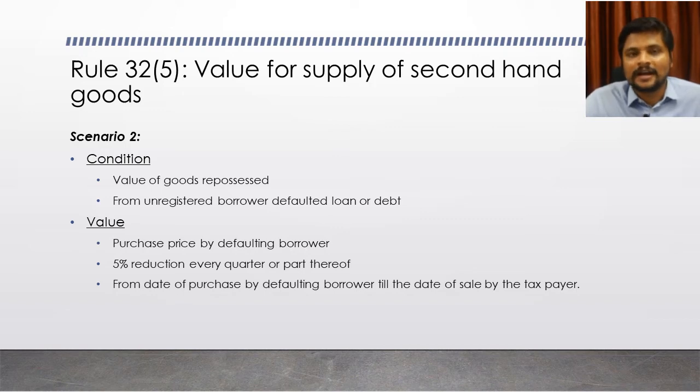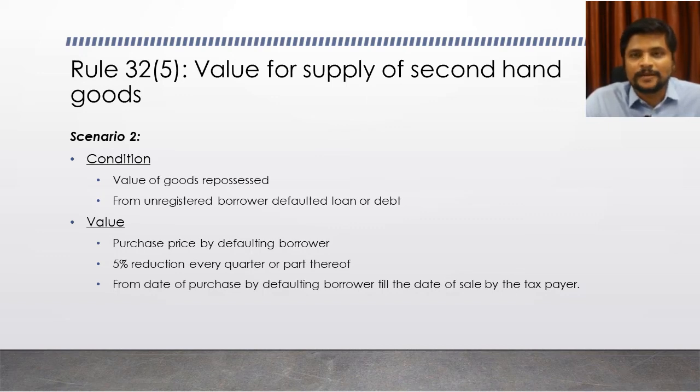In that case, the bank will confiscate or take back the goods on which the loan was borrowed. For goods repossessed in such a manner, how will the value be determined? Value will be the purchase price by the defaulting borrower.